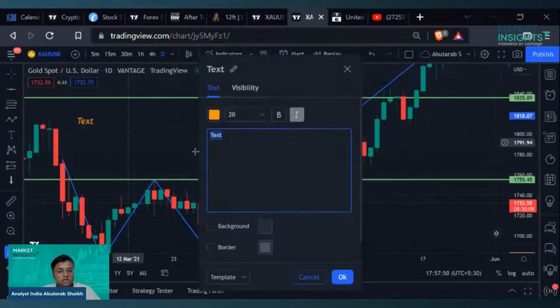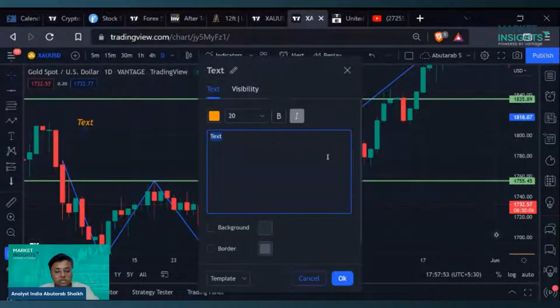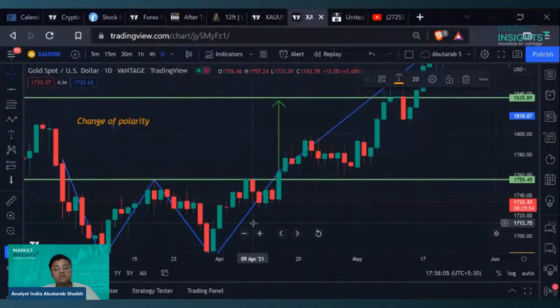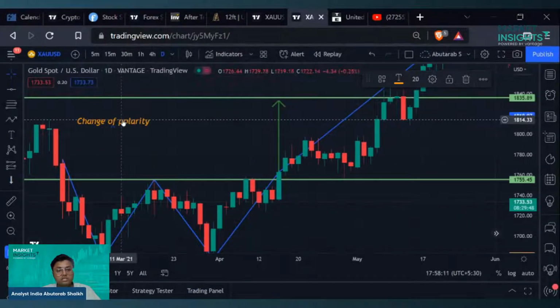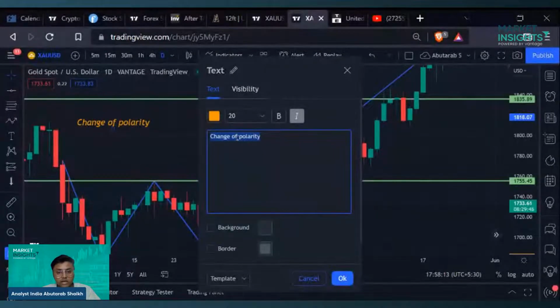In previous sessions, I have taught you that a resistance can get converted into a support, or a support can get converted into a resistance, and that is called change in polarity. That means support becomes resistance and resistance becomes support.